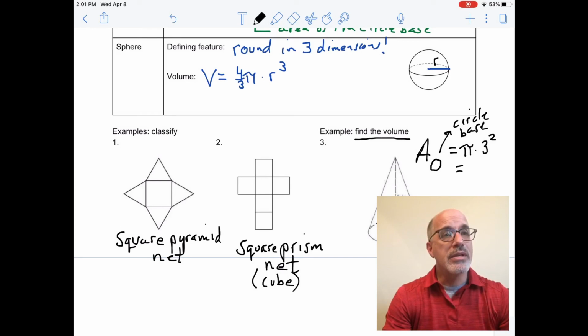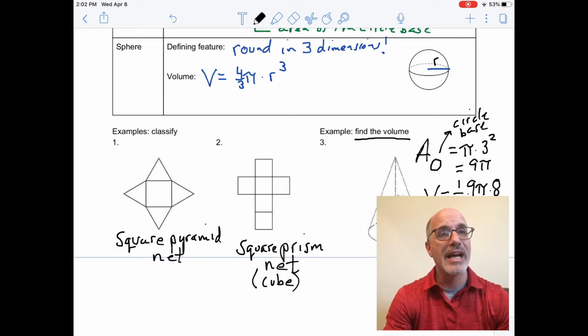And then when we do the base on this, we get 9 pi as our base. We're going to multiply it by 1/3 to get the volume, because it's 1/3, just like we did in that demonstration of pouring the water. 3 of the cones fit into a cylinder, so it's 1/3 times the base times the height. So it's 1/3 times the 9 pi times 8, and that gives us a total of 24 pi.